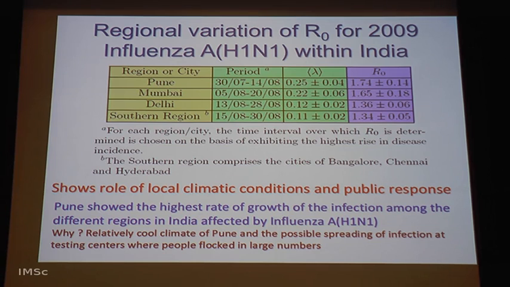Pune has a high altitude and a relatively cold climate, and the humidity is higher, so the infectious H1N1 can spread more. Another possible reason, mostly observed initially, is that people in Pune flocked in large numbers to testing centers, so spreading could have happened there. That could also be one of the reasons.